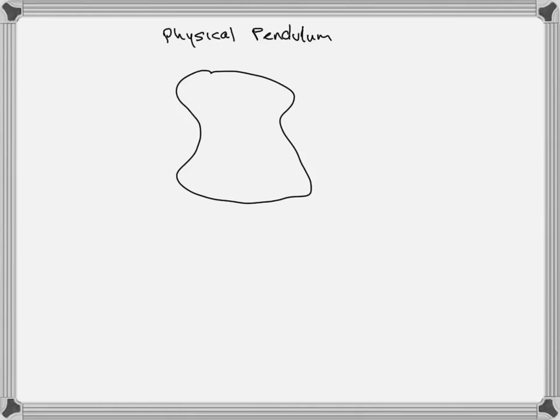And let's just put an arbitrary pivot point, P, pivot point. And then a center of mass. I'm trying to imagine what this object really is. I don't know, it's a squished marshmallow. But anyway, it doesn't matter. We're just going to pin it down at a point P.